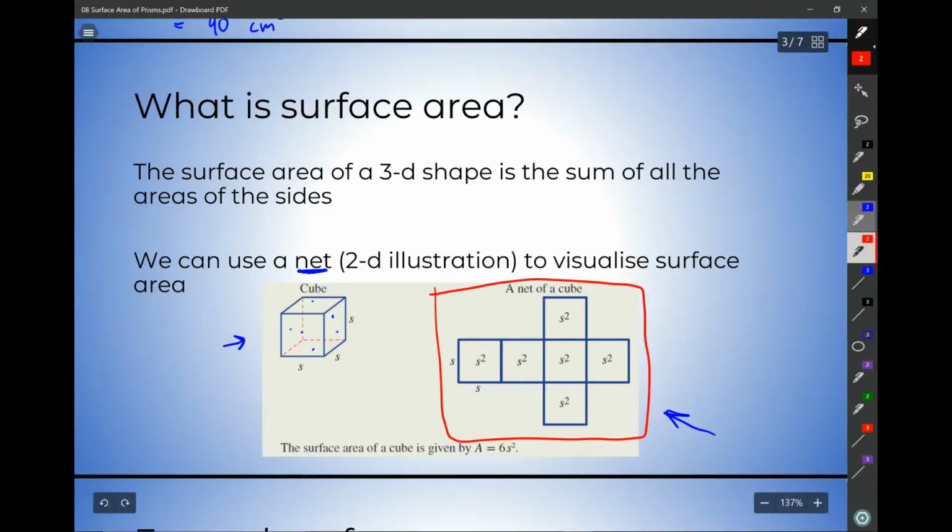And you would be able to measure the sides of each of these squares and calculate an area for each square. And then the surface area, the area of every face of this cube, would be found by adding up all of these areas of these individual squares.